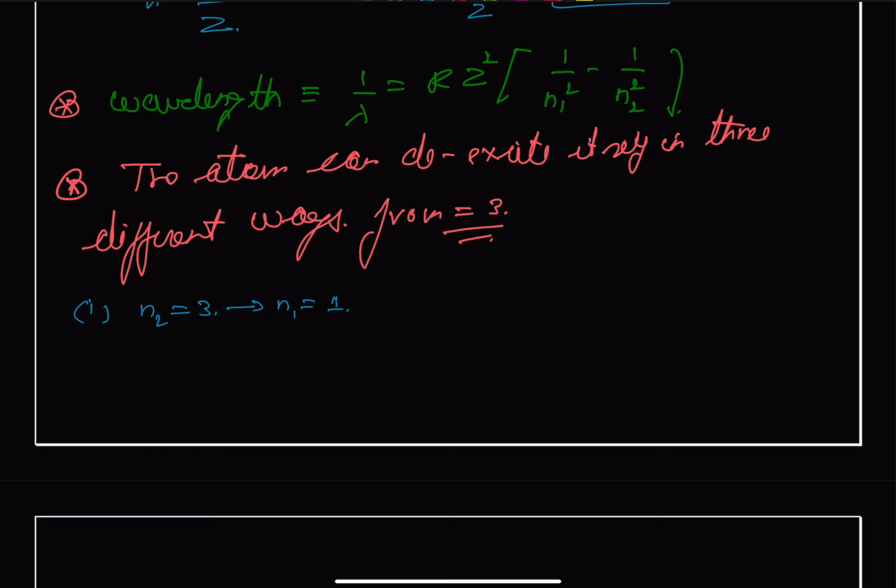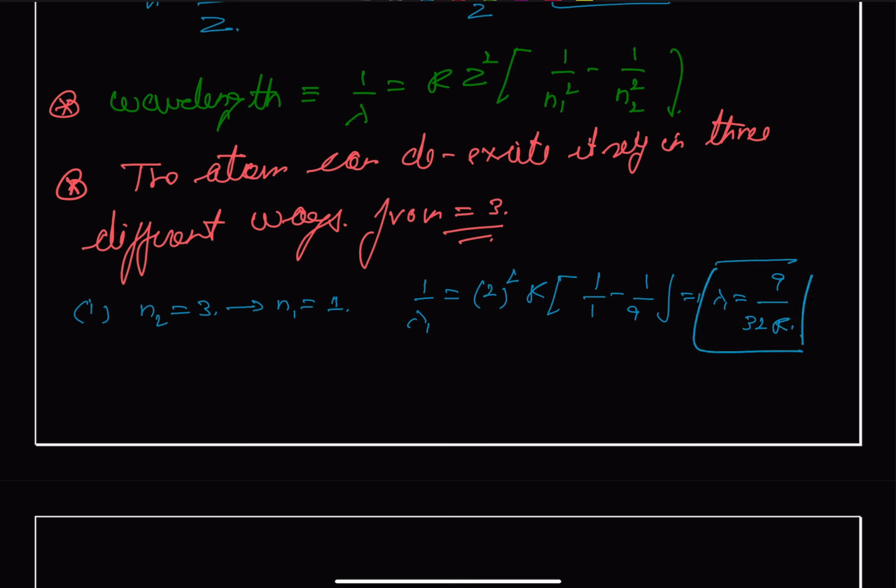Based on this, we can say 1 upon lambda 1 is equal to 2 square R, 1 upon 1 minus 1 upon 9, and this gives lambda 1 as 9 upon 32 times R.